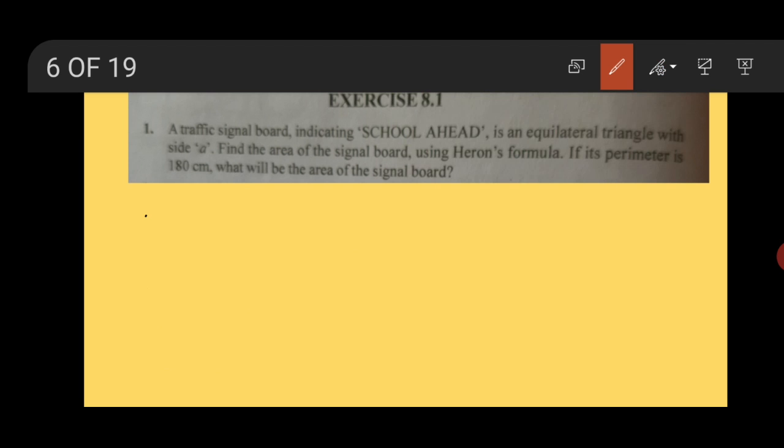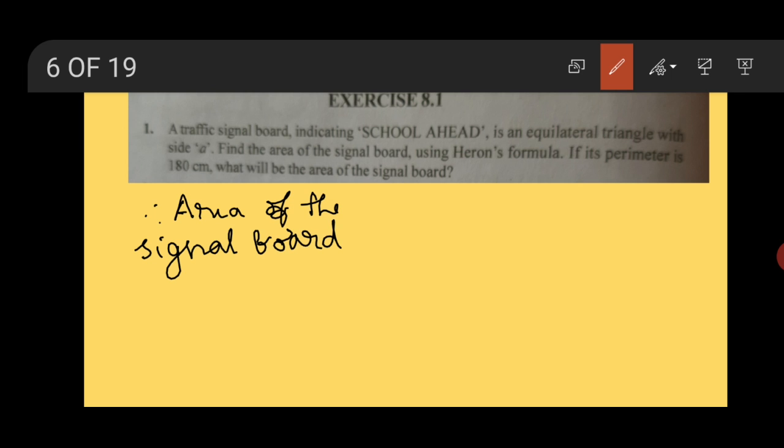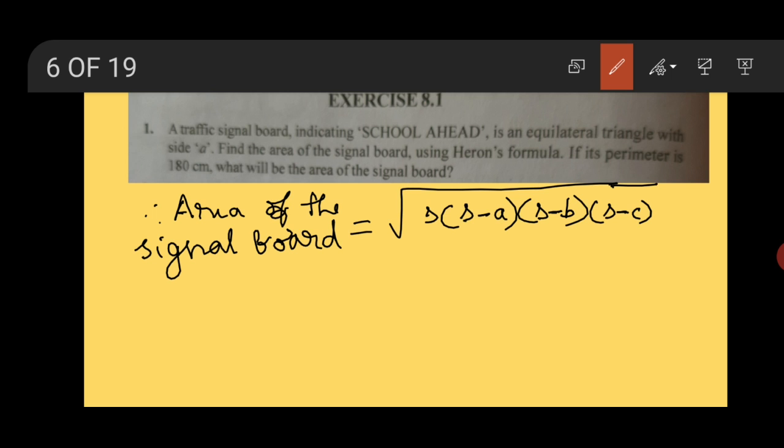Therefore, the area of the triangular equilateral signal board is equal to the square root of S into S minus A into S minus B into S minus C. Substitute the values.